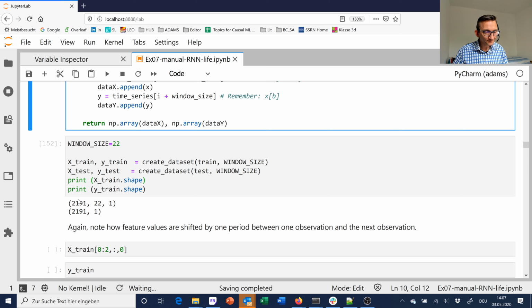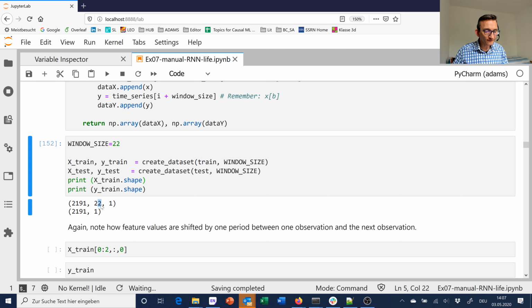That's common. Here's our window size for x, and that is going to be our sequence length. And then we have one more dimension. X is now a 3D tensor, which is the way Keras and TensorFlow like the data to be, because we could process sequential data with more than one feature. We have only one feature right now, the price.